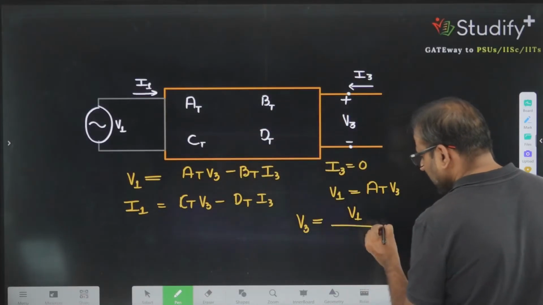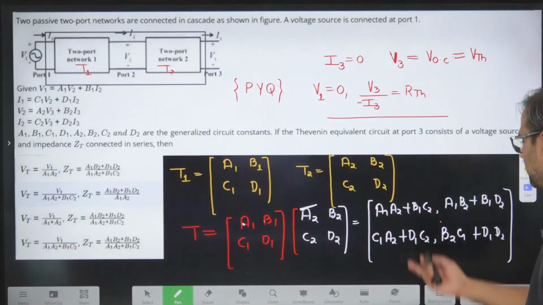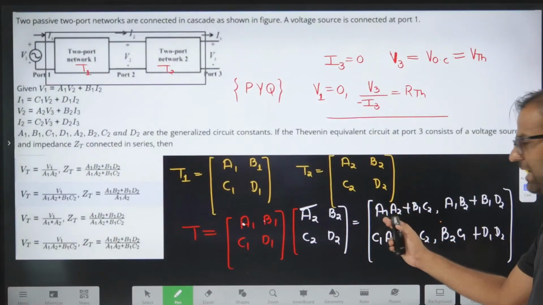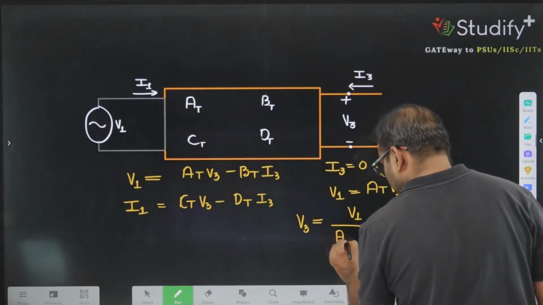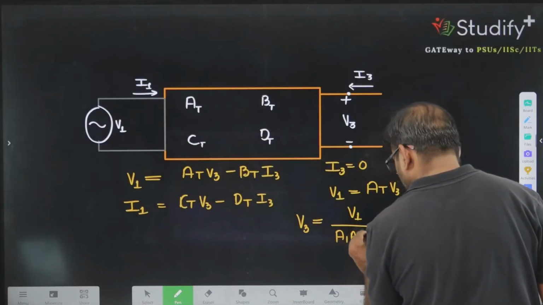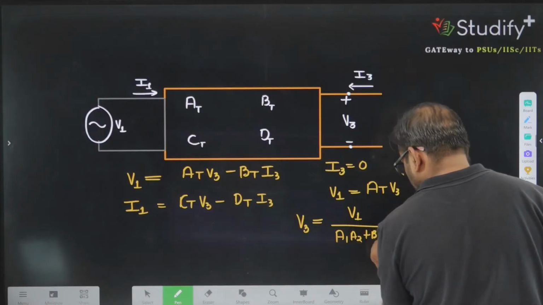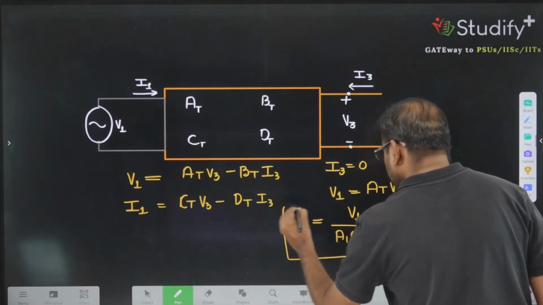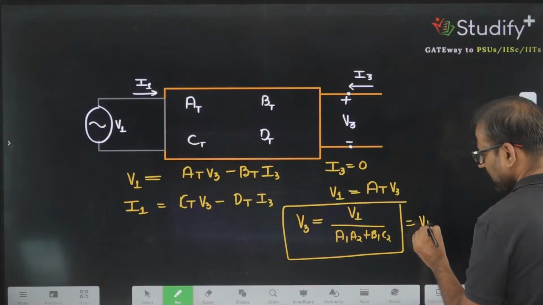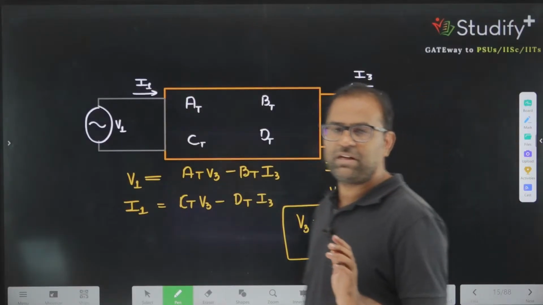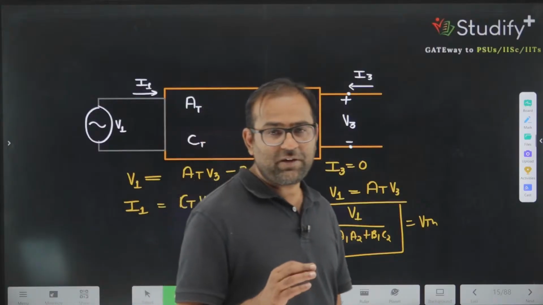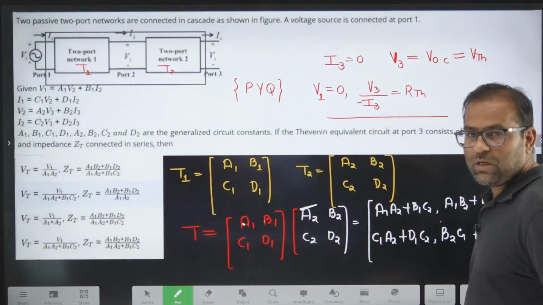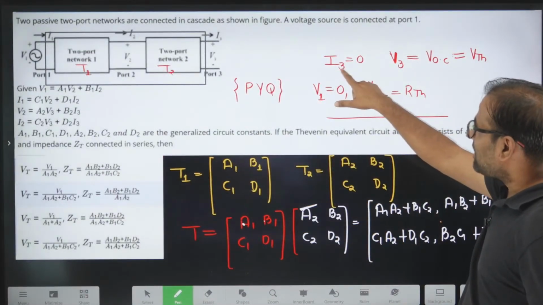And what is the value of AT? AT means the A parameter, so A1 A2, B1 C2. This voltage is known as Thevenin's voltage. Always remember, the idea of calculating Thevenin's is very much the same as previous: just remove the load from the output.